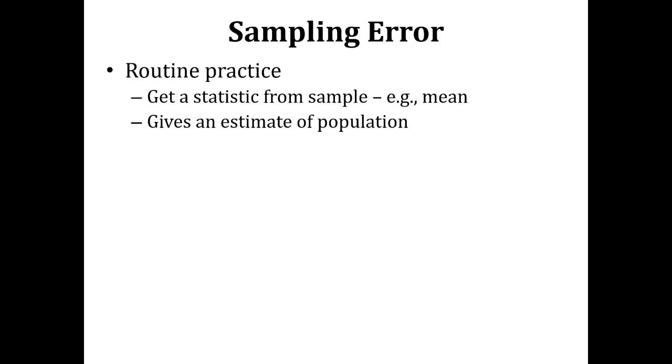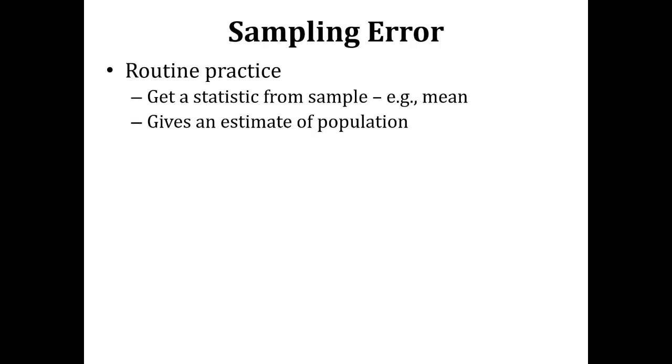And we say that this sample is actually the representative of population. So the statistic that we calculate from the sample should give us an estimate of the population statistic, right?